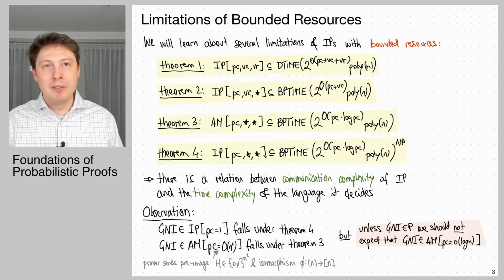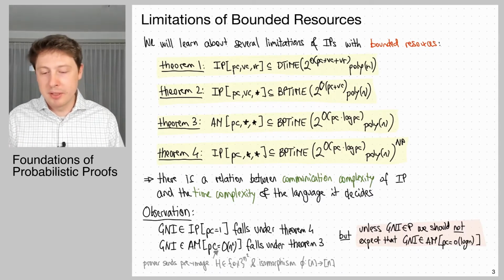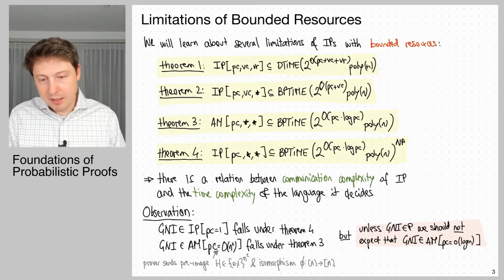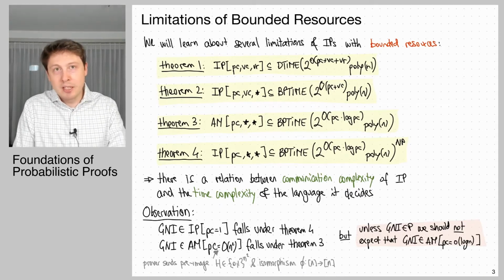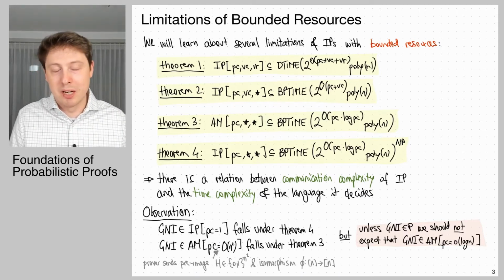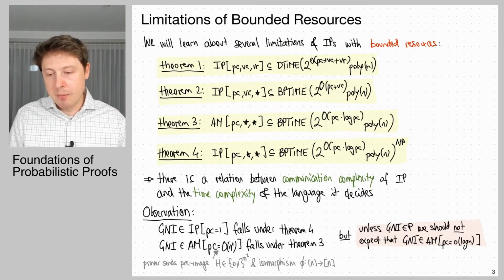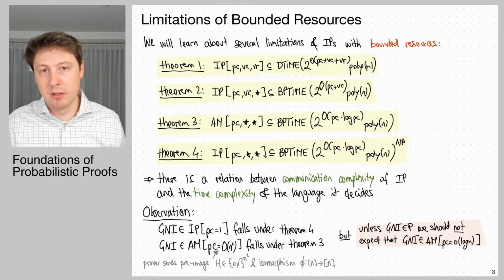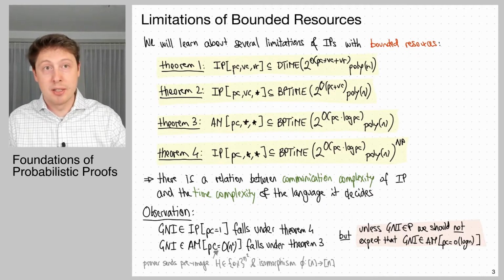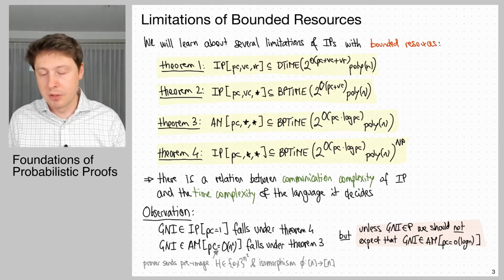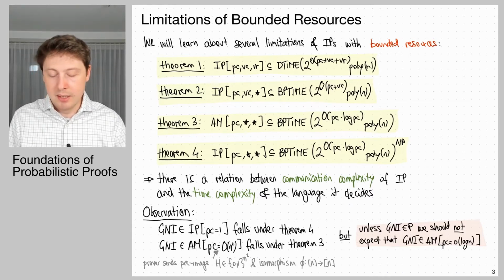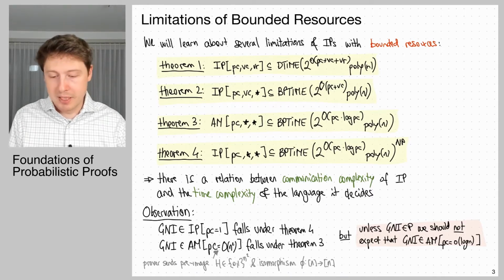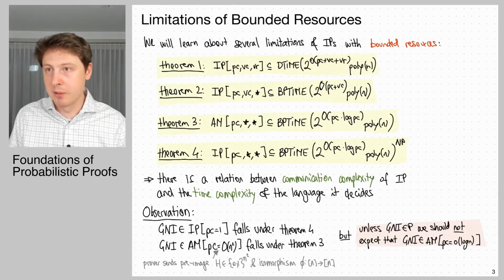Public coins can do everything, right? So it was mostly good news. This is basically saying that for things we might really care about, like SAT, we can't expect any compression. But we will see in the next lecture that we can compress other things, like computation of deterministic languages, rather than witnesses for non-deterministic languages. Other probabilistic proofs later in this course, like PCPs, will not be subject to these limitations, and they can compress witnesses.